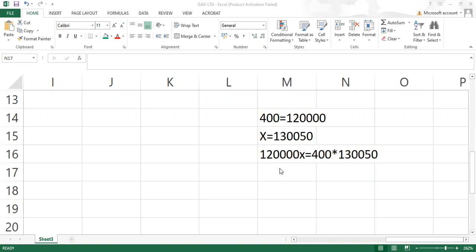So the first item is equal to the actual level over the budgeted level times the budgeted cost. It doesn't matter whether it is units, hours, or anything. It's the same thing: actual activity level over the budgeted activity level times the budgeted cost.